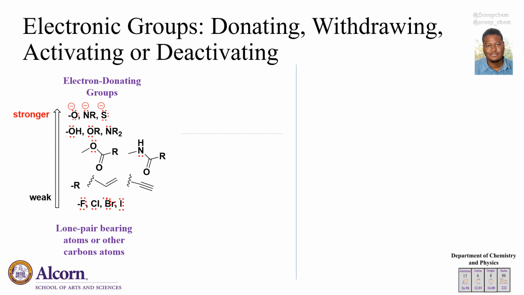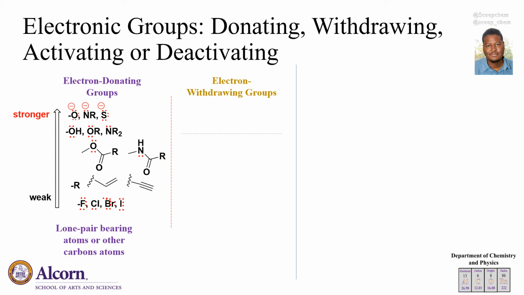Esters and amides are also donating groups. Then carbon groups, so straight chain alkanes and alkenes. And then the halogens are electron donating. Again, it's pretty easy to see: these are atoms that contain lone pairs or just other carbons that don't mind sharing their electrons with carbon cations.